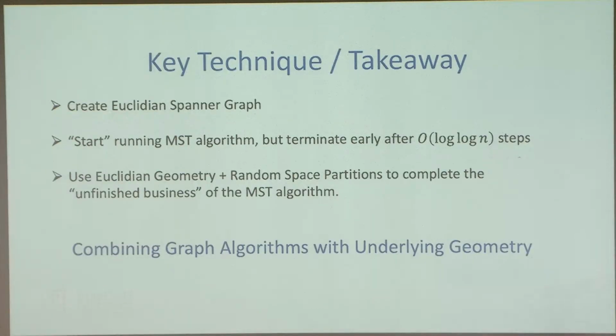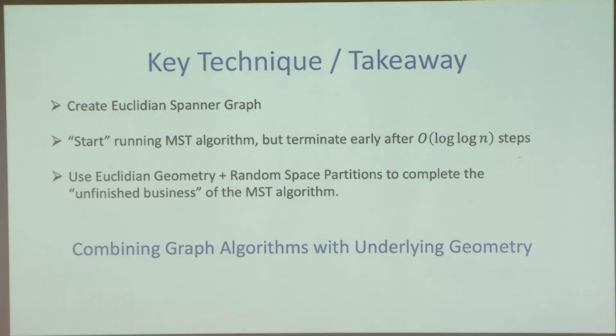Before I go to the technical details, let me first talk about the key technique and the takeaway message here. The high-level idea is that we first create a Euclidean spanner graph. Then we try to run the MST algorithm. However, instead of computing the entire MST, we just iterate a log number of steps.